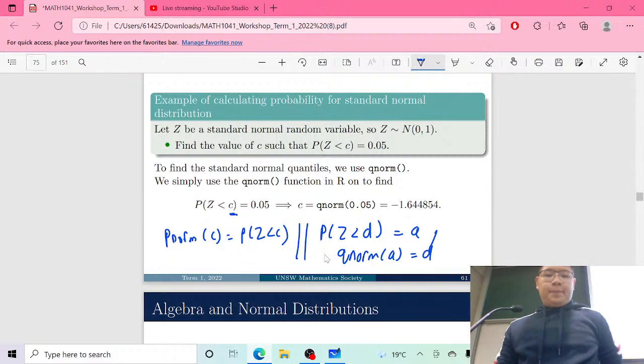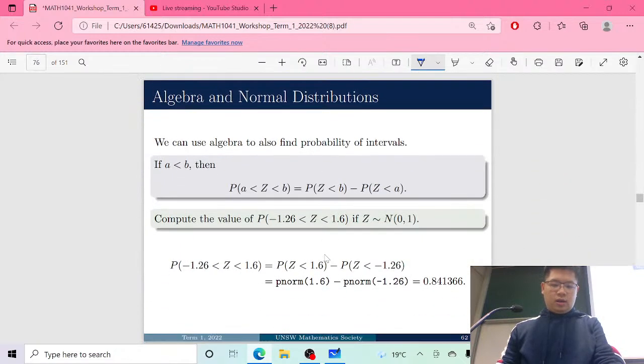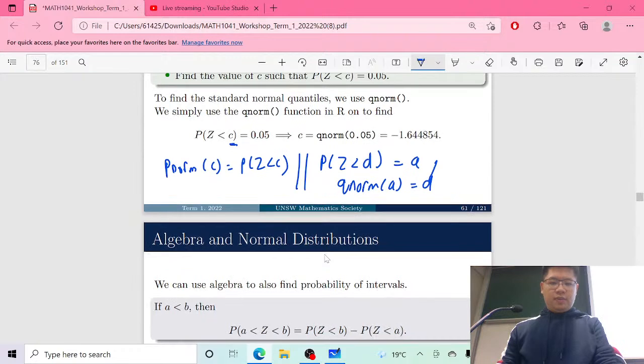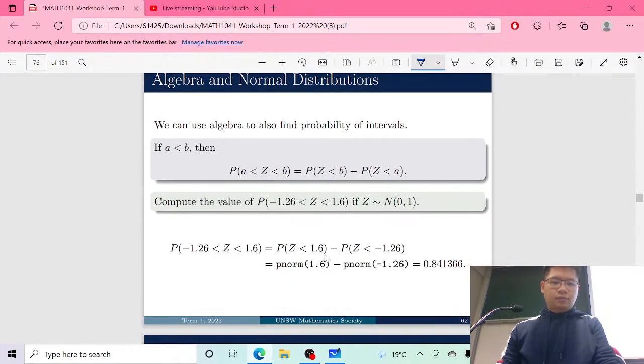This is pretty useful because within exam questions they like to mix between p-norm and q-norm, and it will come in handy when you're dealing with some of the exam questions. We'll take a look later on as well. But let's briefly move on, and we'll talk about the probability of intervals. Just now we found that using p-norm we can find P(Z less than c).